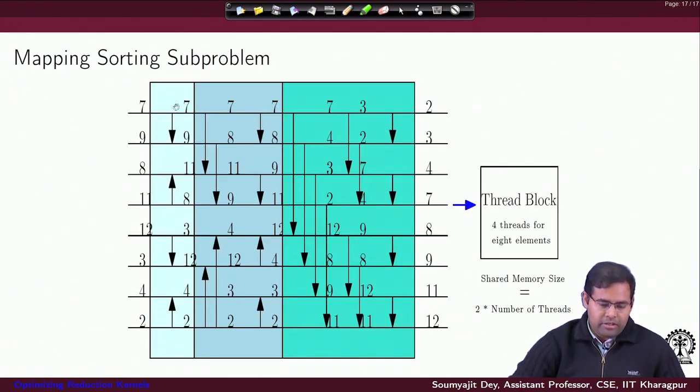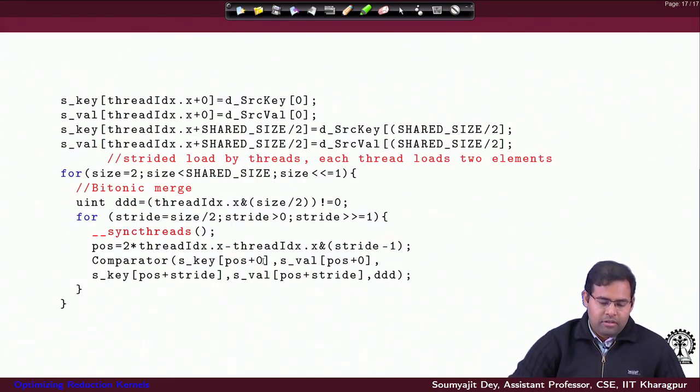As you can see here, I am just repeating this, the direction was continuously switching. In the next stage, the direction remained the same for the first 2 threads and then switched for the next 2 threads, and that pattern continued here. To realize this switching of the direction, we use a bitwise AND based expression on thread ID and size.